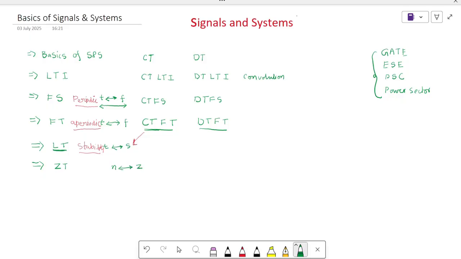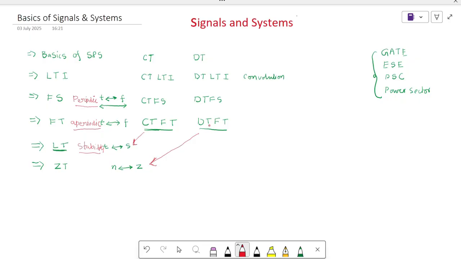This is a modification to overcome the drawback of the DTFT.